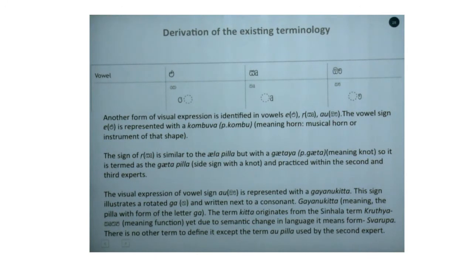Krutya means function, so function of the G shape, which in Sinhala is originating from Sanskrit. From a semantic point of view, in language it has turned into form, not function. So form of the letter G.